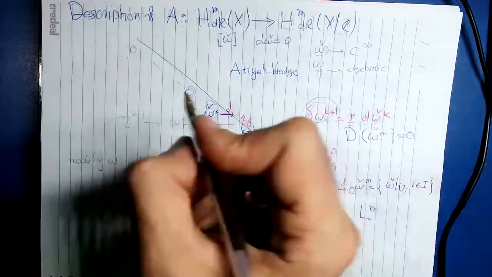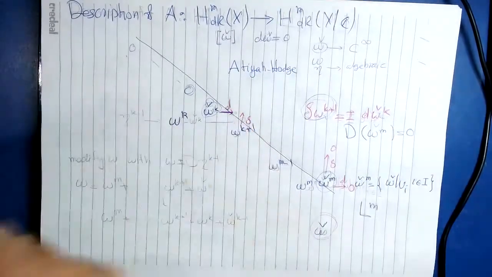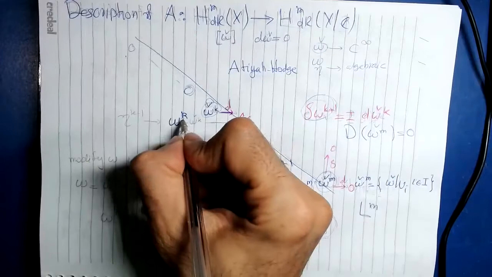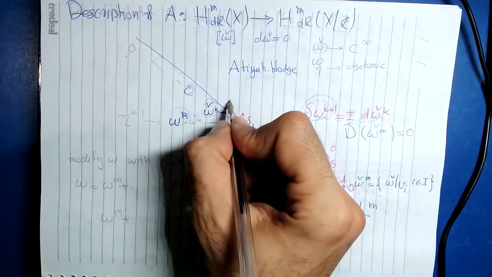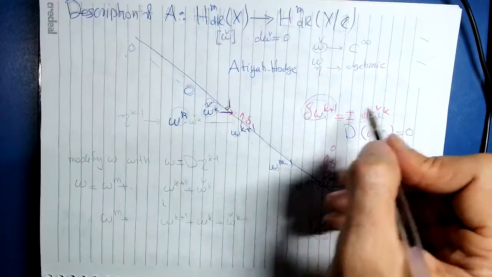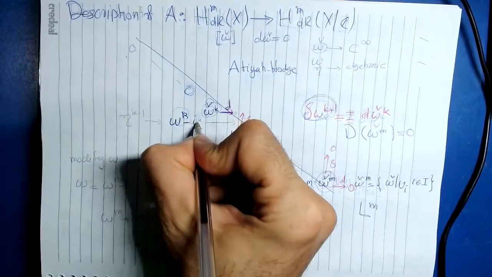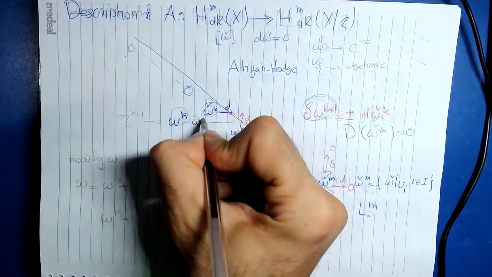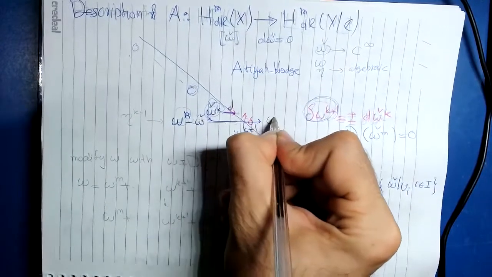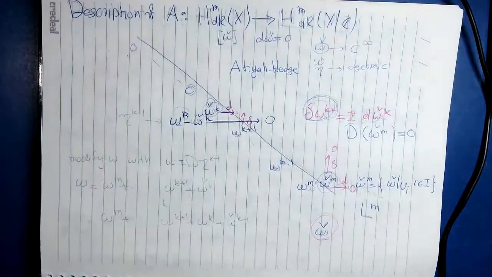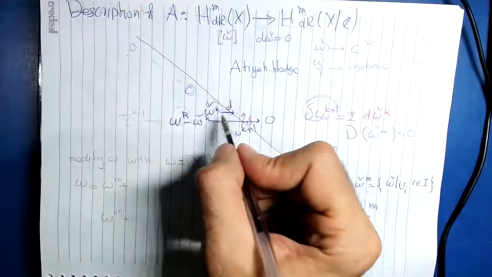What this means is that I can find an algebraic form omega^k such that at the end of the day omega^k goes with the differential to the same object here. And this means that if I take the difference of omega^k with omega check^k, it must go by differential to 0. Now, once again, we use the Atiyah-Hodge theorem.